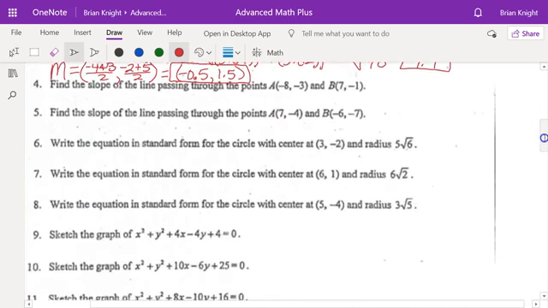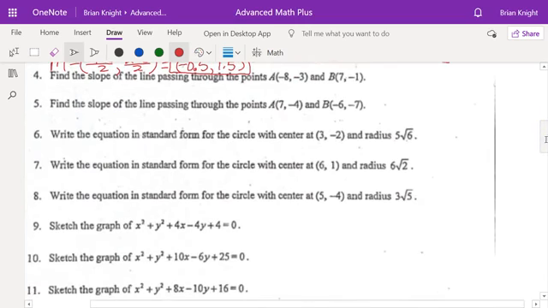All right, 4 and 5, we are finding the slope. If you have forgotten the slope formula, I'll write it over here. It's the y's minus the y's over the x's minus the x's. Now, I don't care what you write on the test.